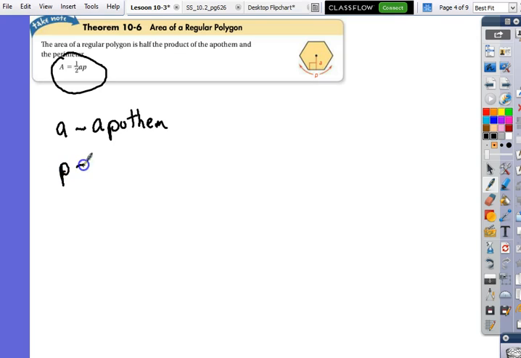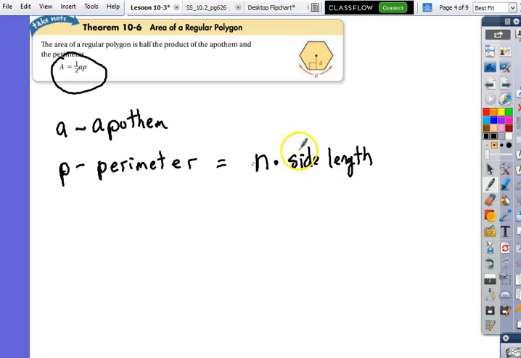And P stands for a word we should already know, perimeter. By the way, the perimeter is equal to N times side length inside a regular figure. Because if I know the length of one side and all the sides are the same, I just have to multiply that one length by how many of them there are. Right, you see? You with me?